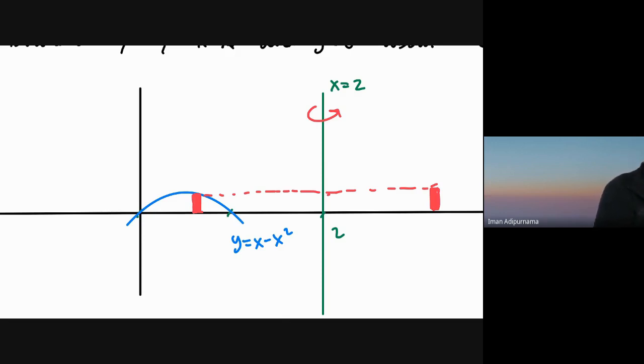Our radius will be from the center x equal to 2 to our sample here, the rectangle, right? This is our radius.